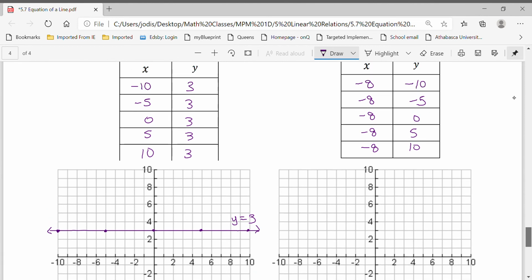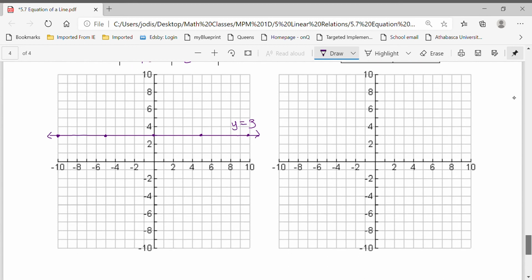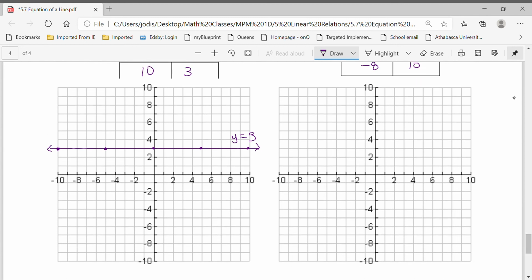So x is negative 8 when y is 10, when y is 5, when y is 0, when y is negative 5, and when y is negative 10. You can see this one made us a vertical line. So this is x equals negative 8.